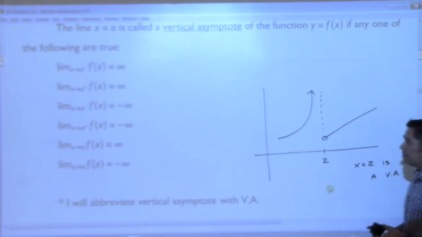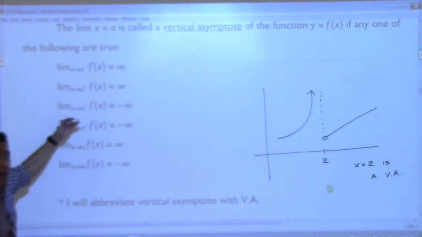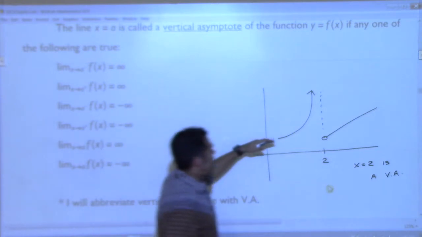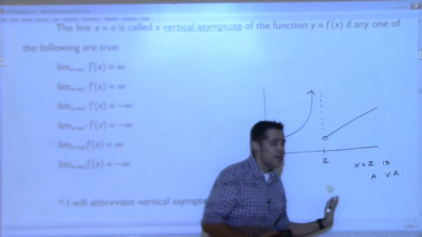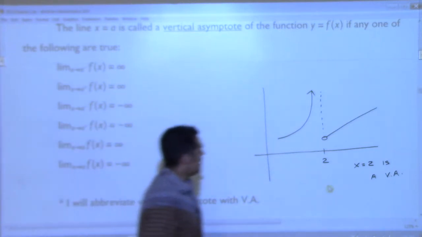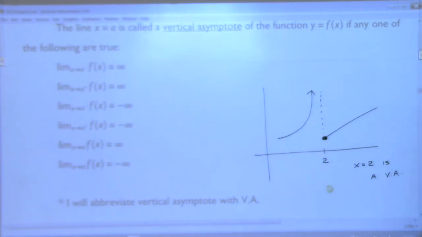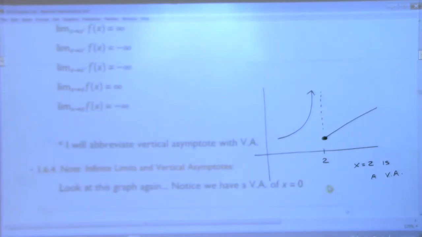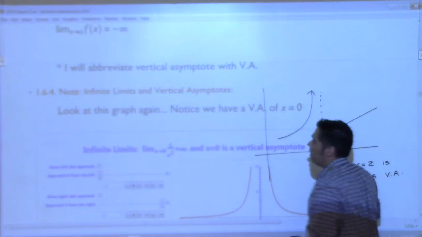The reason is that the limit from at least one side of that vertical line is headed to infinity, so that vertical line qualifies as a vertical asymptote. All right? Even if I fill this in with a dot, it's still a vertical asymptote. I will start using VA anytime I want to abbreviate it.